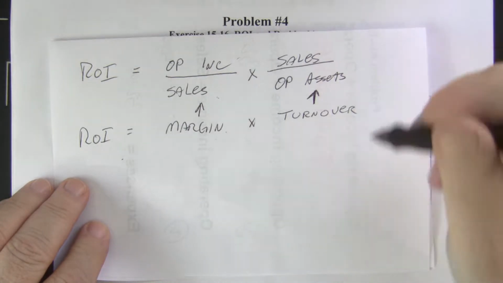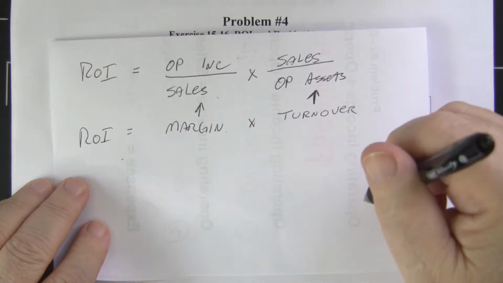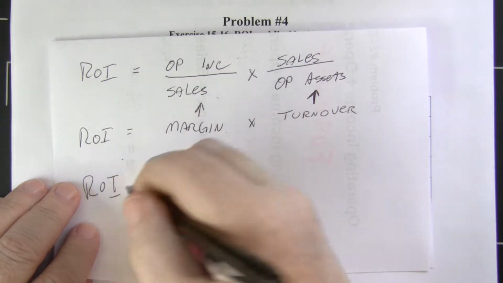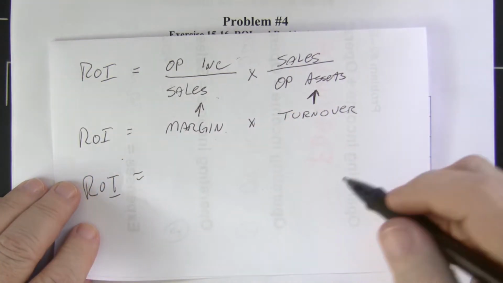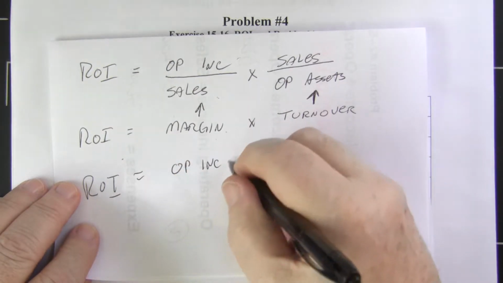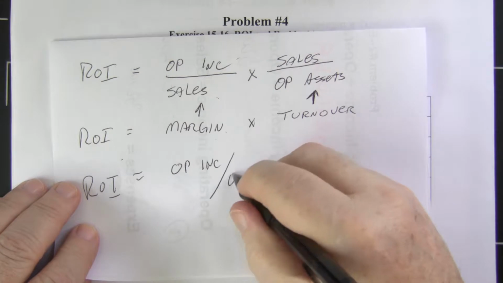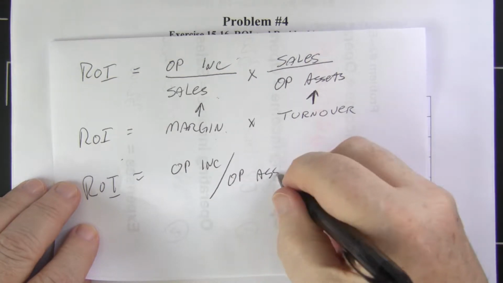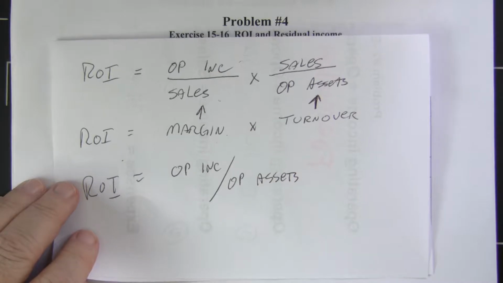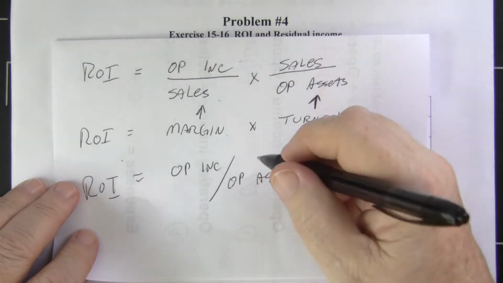Turnover is sales divided by operating assets, okay? Return on investment is also sometimes written in various incarnations, just doing some algebra and moving pieces around. They're all the same thing, okay?